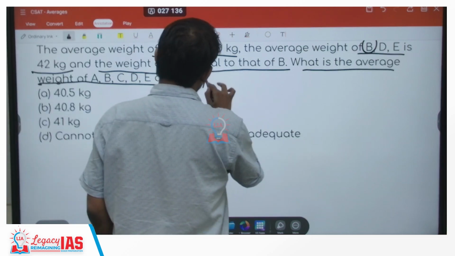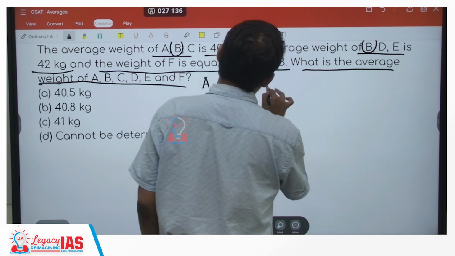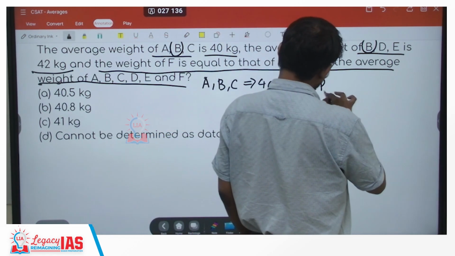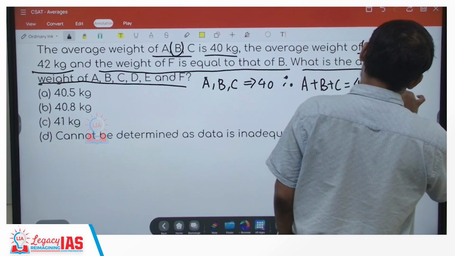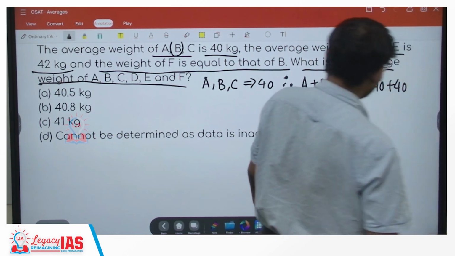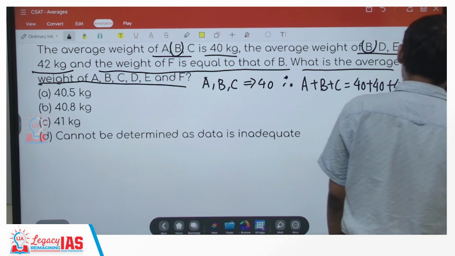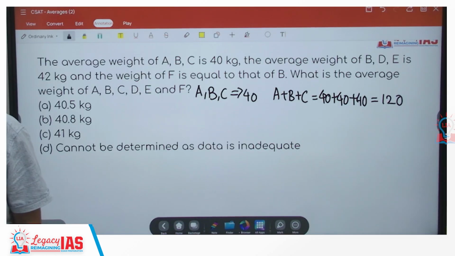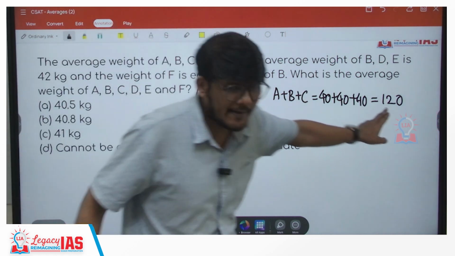So when you are saying A, B, C, their average is equal to 40, therefore A plus B plus C equals what? 40 plus 40 plus 40. Clear? Which is equal to 120. So A plus B plus C gives us 120.